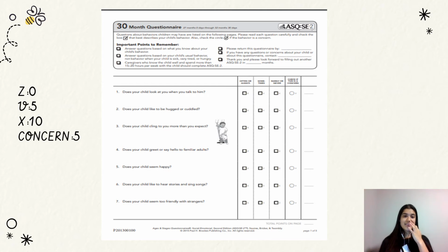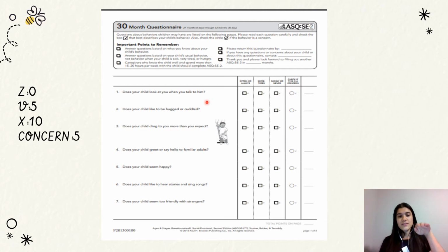There are some things that are important to remember. The SAQ needs to be taken when the child is calm, when they're not cranky or hungry or angry or sad or crying, because you will not see the real results. And those letters that I have here, the Z, the V, the X, and concerns.